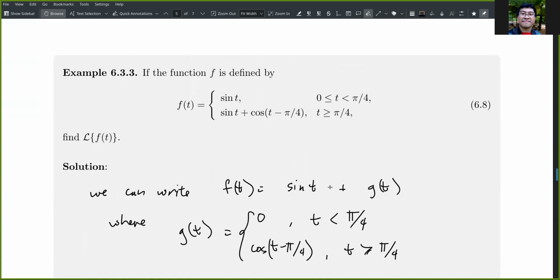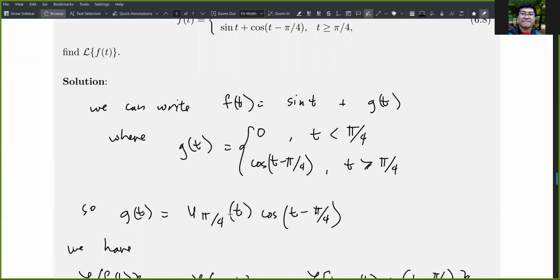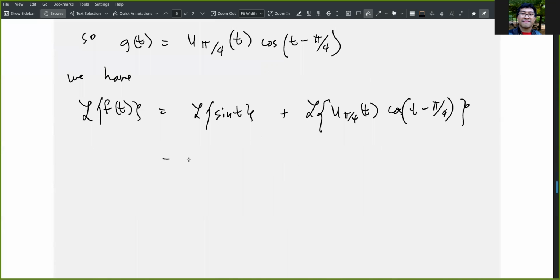Okay, so you have this sine and this. The Laplace transform of sine t is simply 1 over s squared plus 1.